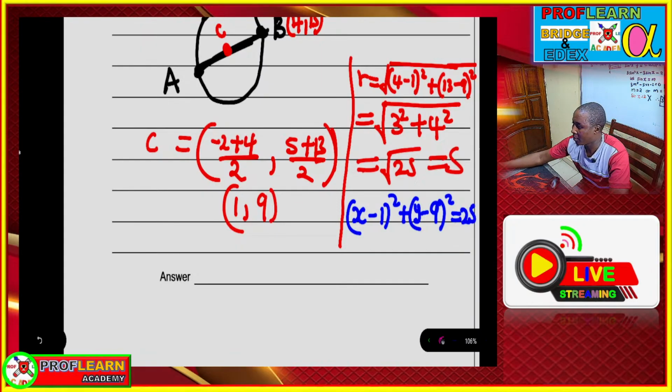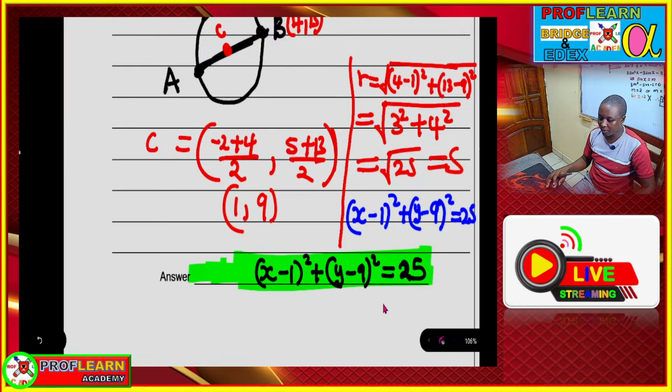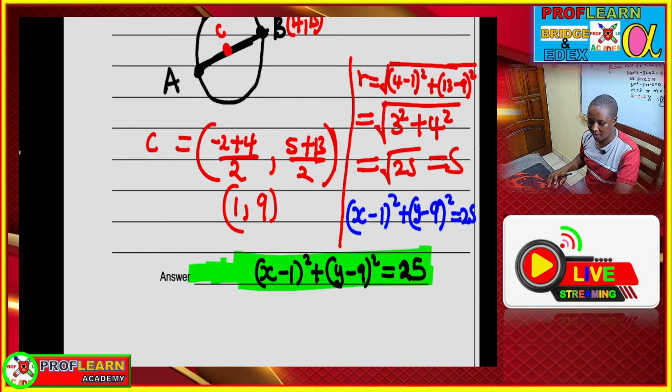And then you are supposed to transfer your answer down here just to confirm to the examiner that you have worked it out and you have gotten it as x minus 1 squared plus y minus 9 squared is equals to 25, and that becomes the final answer that was expected for us to write in this particular part.